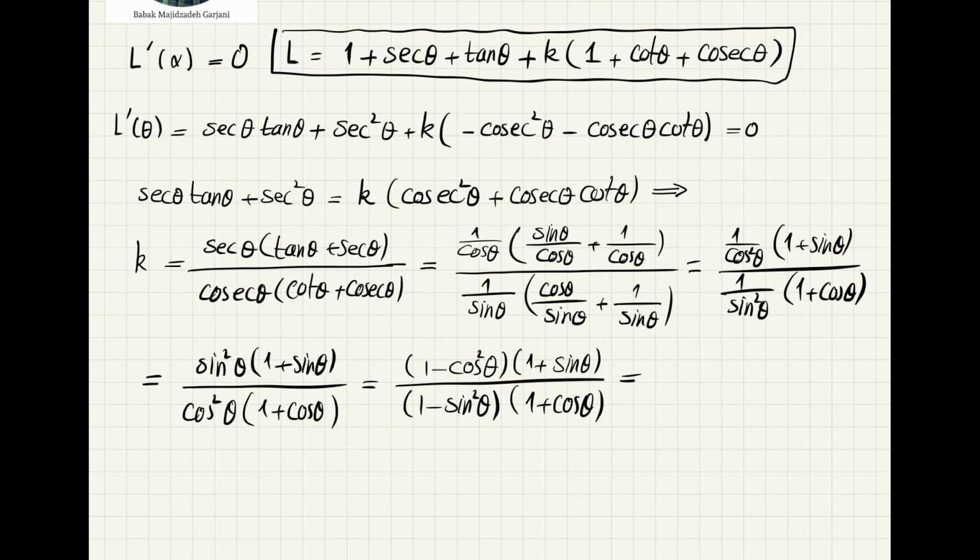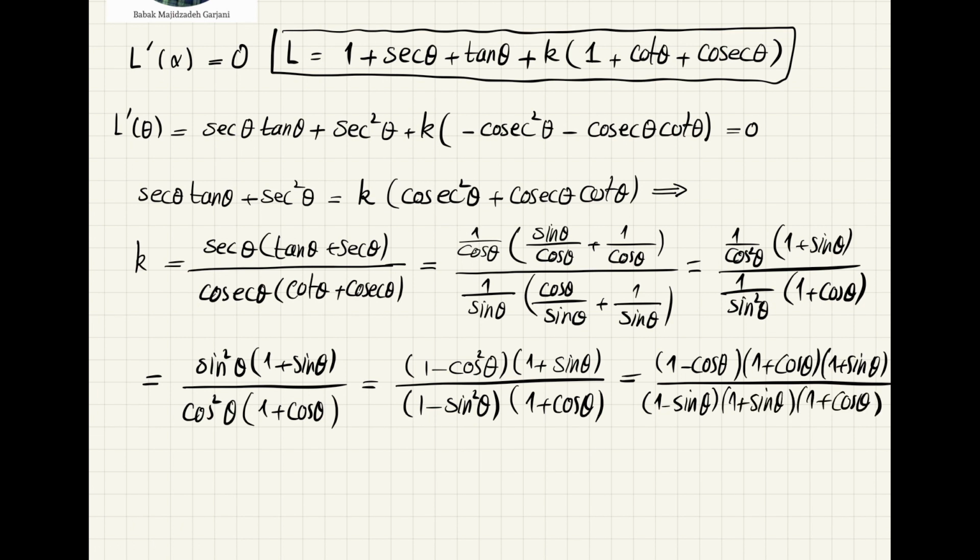Using the conjugate pattern, I can factorize these two expressions. Then I will get 1 minus cosine theta, 1 plus cosine theta, 1 plus sine theta, divided by 1 minus sine theta, 1 plus sine theta, and then 1 plus cosine theta.